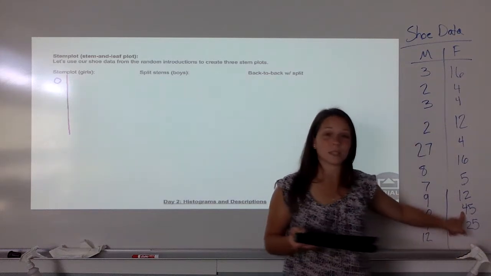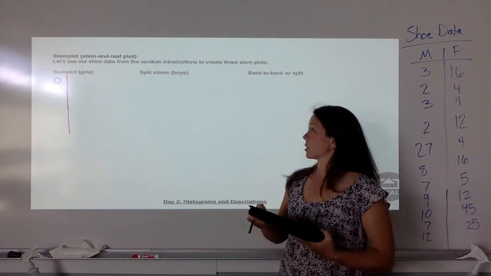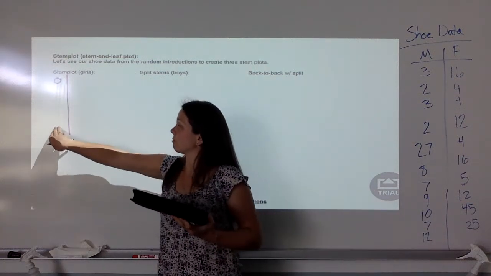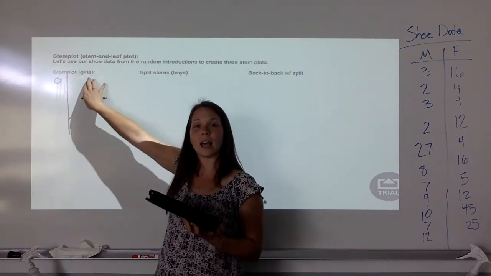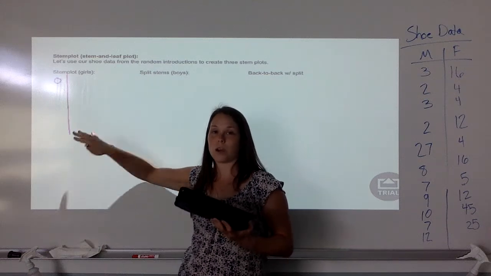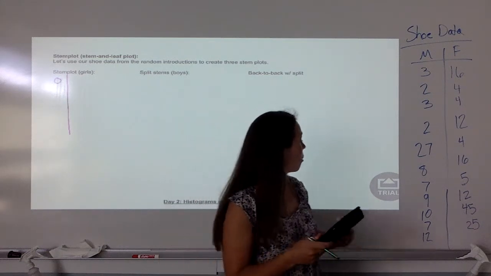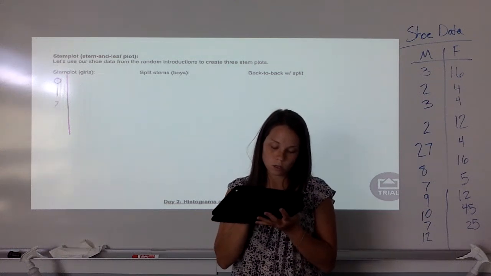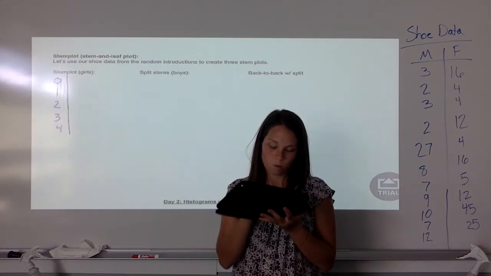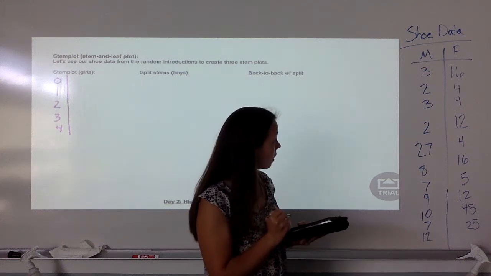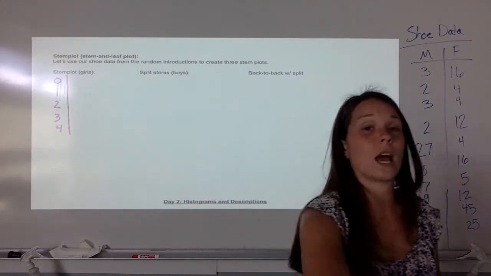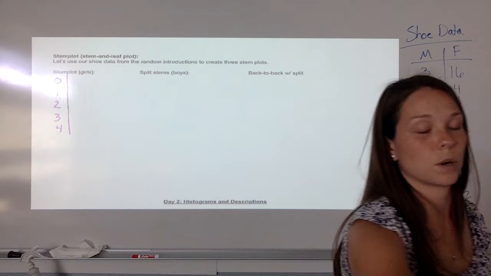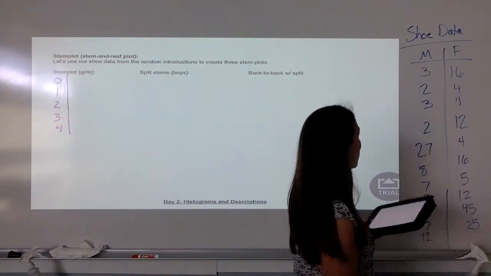So what that means is when we are creating our stem here, we want to have our first digit of the number on this side and our last digit of the number on the other side. So we have to go all the way to 4. So we're going to do 0, 1, 2, 3, and 4. And then from there, what I like to do is to kind of go along and check off the numbers as I use them or cross them off.